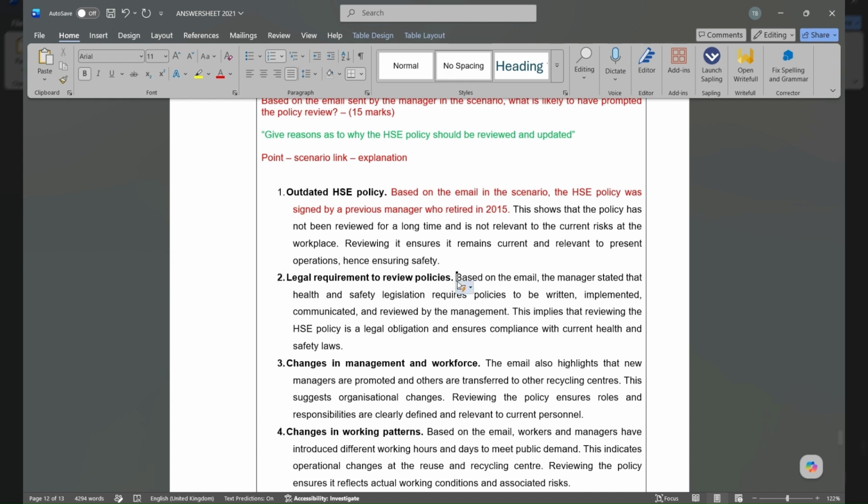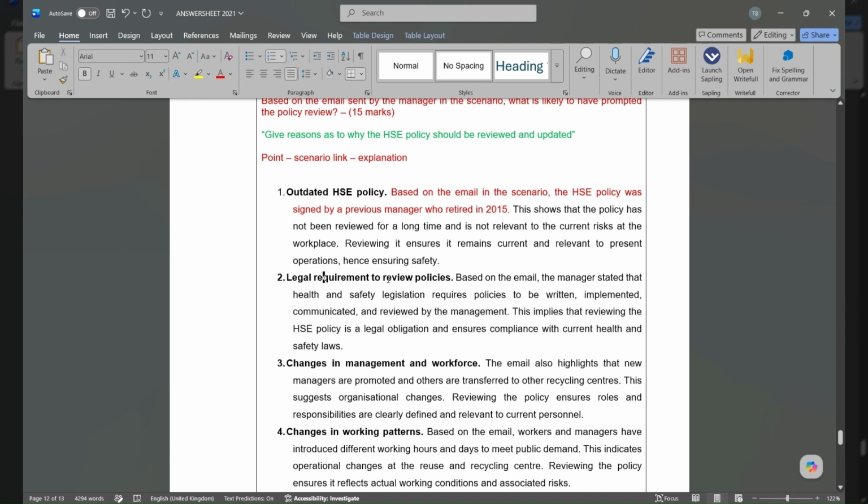The scenario link, based on the email, the manager stated that health and safety legislation requires policies to be written, implemented, communicated, and reviewed by the management. This implies that reviewing the HSE policy is a legal obligation and ensures compliance with current health and safety laws.